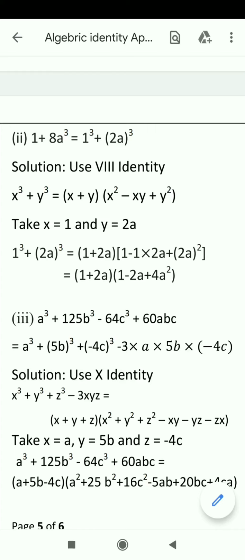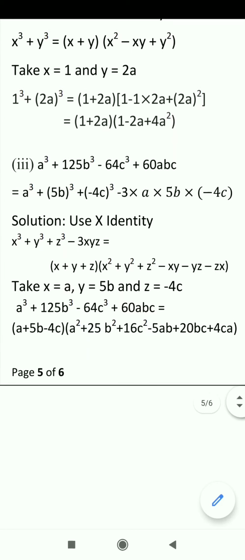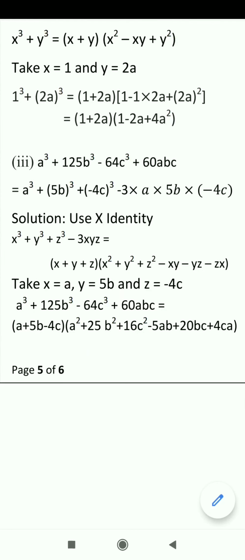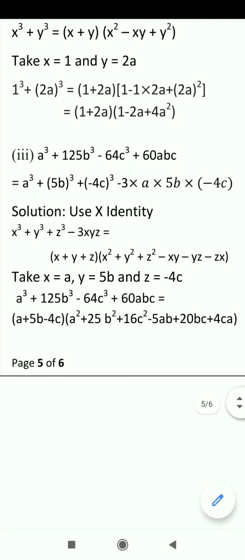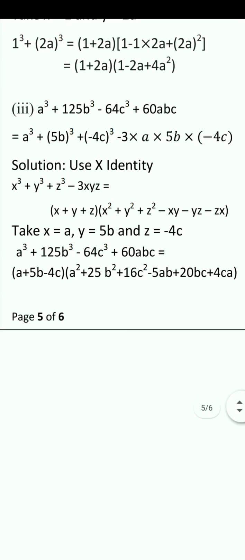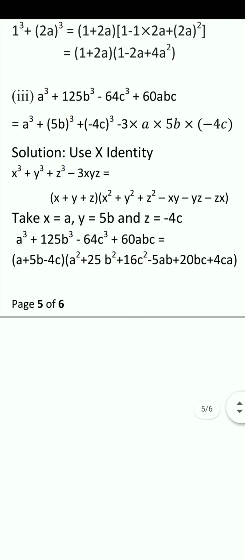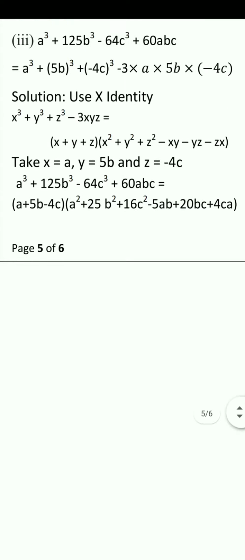This is making an identity, the 10th identity, that is x cube plus y cube plus z cube minus 3xyz equal to x plus y plus z in the first bracket, and the second bracket x square plus y square plus z square minus xy minus yz minus zx. Here take x equal to a, y equal to 5b and z equal to minus 4c. So that's why in the first bracket a plus 5b minus 4c, and second bracket a square plus 25b square plus 16c square minus 5ab plus 20bc plus 4ca.